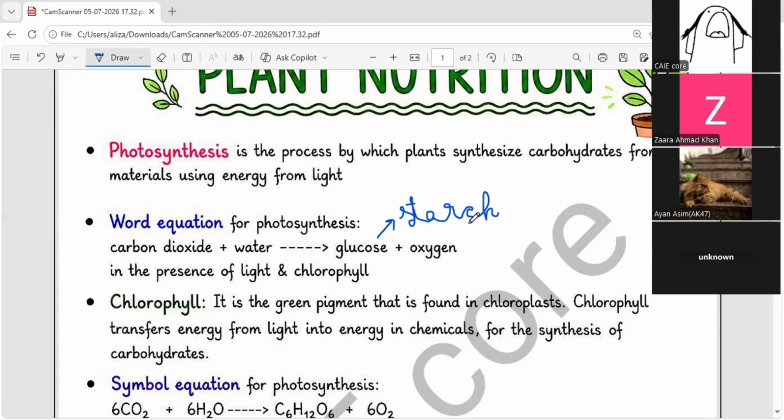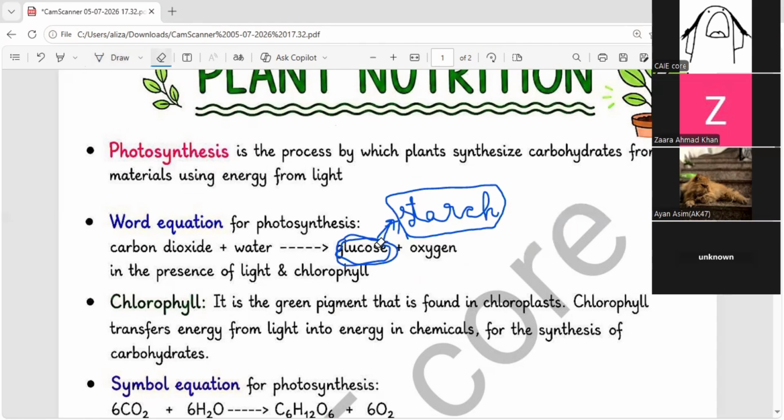The reason is that starch is insoluble and does not take part in reactions, whereas glucose is highly reactive. If plants store the carbohydrate as glucose, it can take part in other reactions and the plant system can mess up. So plants store glucose in the form of starch because starch is insoluble. All right, I hope that is clear.